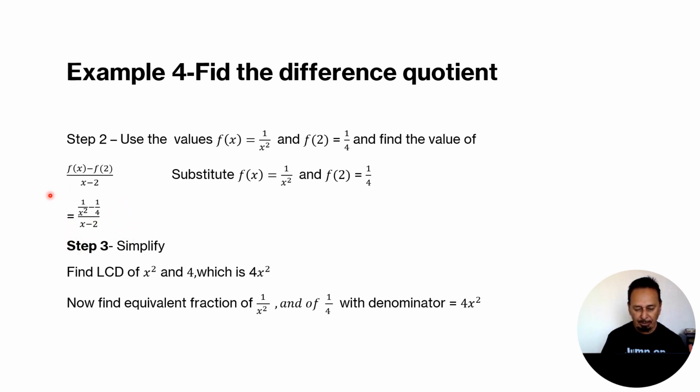Now we're going to simplify. Step 3. Again, we have to subtract these two fractions, but in order to subtract, we need the same denominator. So we find the LCD of x squared and 4, which is 4 times x squared. Now we're going to find the equivalent fractions of 1 over x squared and 1 over 4 with the denominator 4x squared.